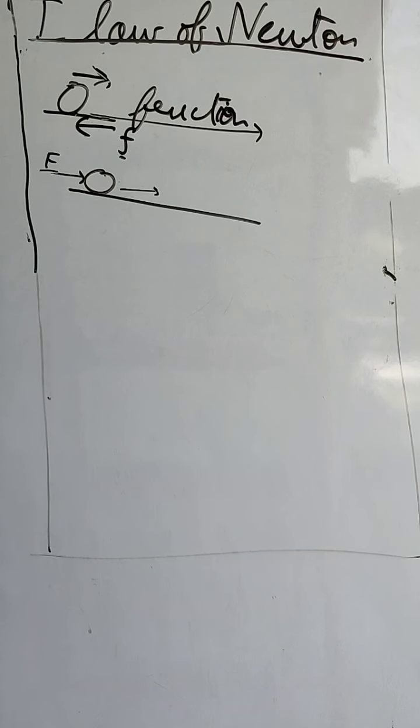If that external force is in the direction of motion, it will increase the speed. If that external force is in the opposite direction of the motion, then it will reduce the speed till the body comes to rest. Similarly, if the body is at rest and an external force is applied, the body will start moving in the direction of this force.